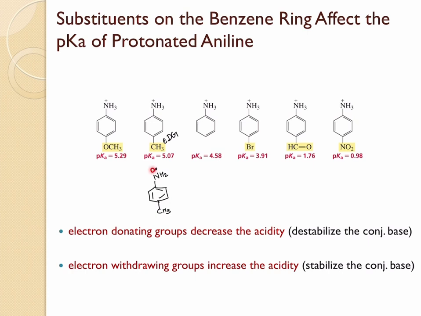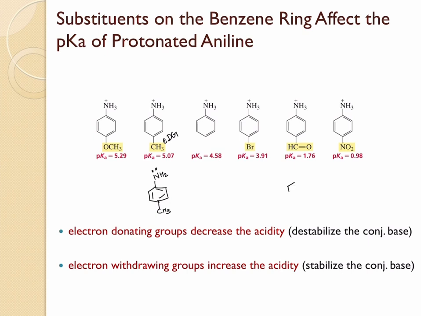But these electrons right here that are present on nitrogen, after the hydrogen has left, are going to stay on the nitrogen. It's going to increase the electron density on nitrogen because this CH3 group is going to donate the electrons through hyperconjugation. But when we look into this compound right here, which has a moderately deactivating substituent, which is going to withdraw the electrons towards itself, the conjugate base will be stabilized.